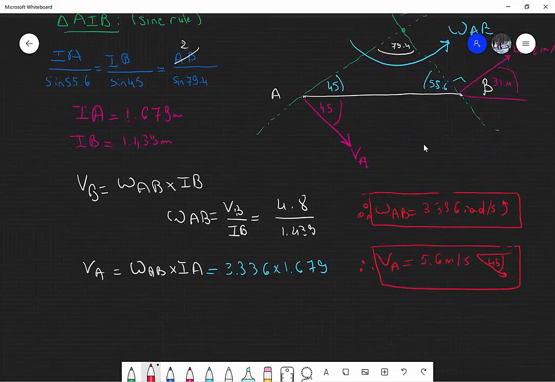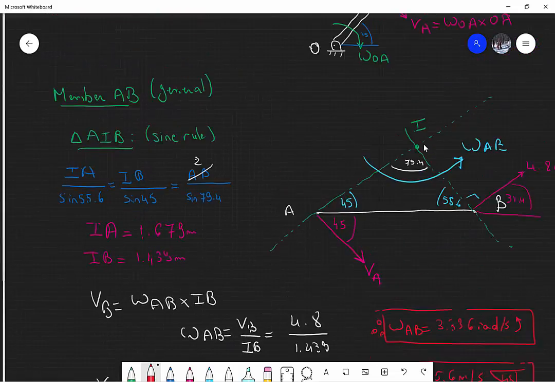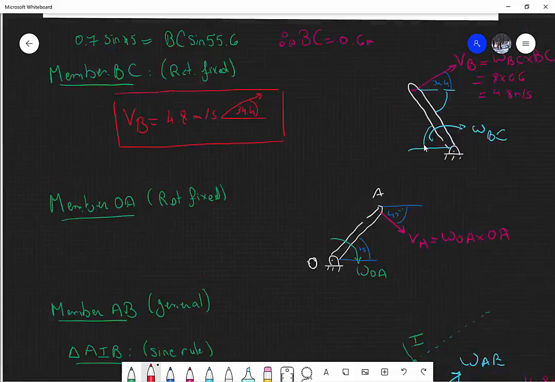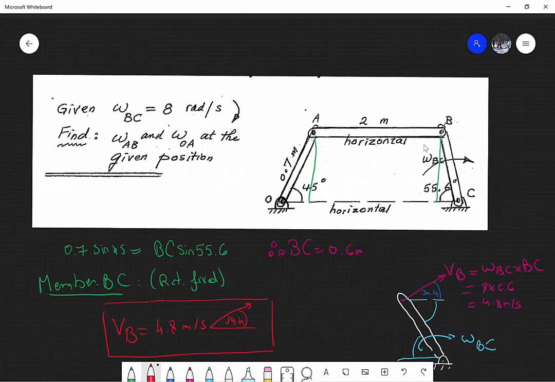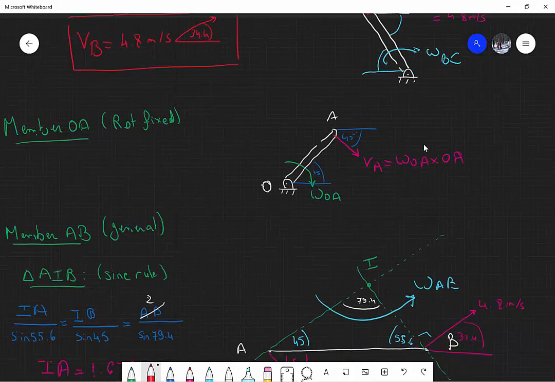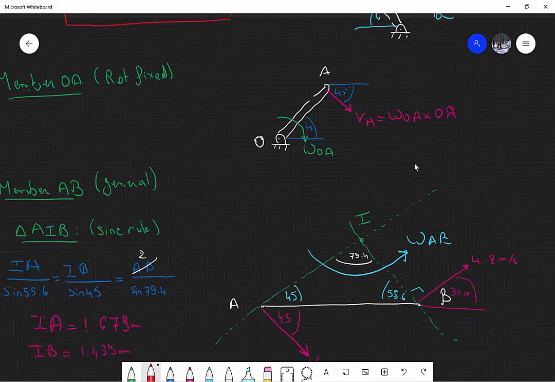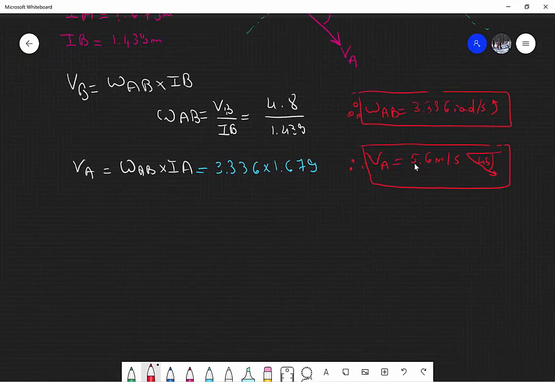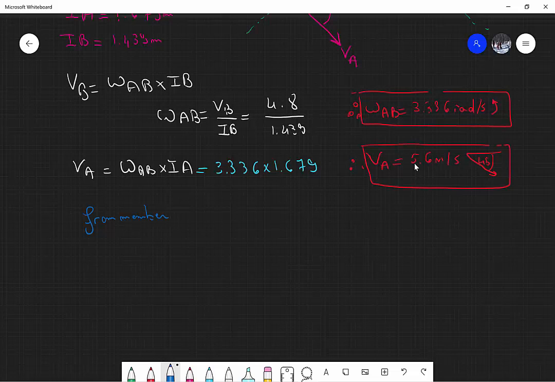The remaining thing was to find the omega EB and the omega OA. We know already the VA. Now we can find the omega OA from member OA.